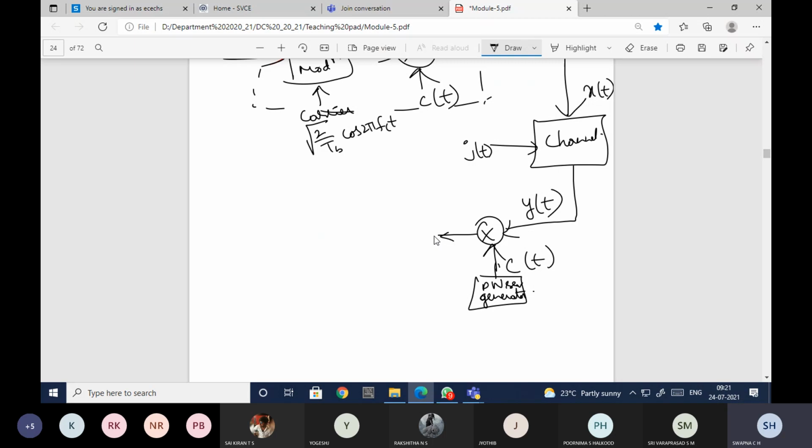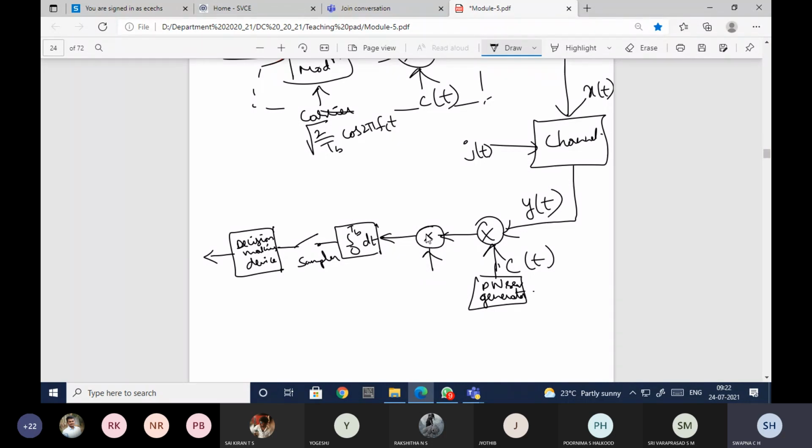So in the coherent detector, I'll have the product modulator, and then from the product modulator output I need to give it to the integrator, then to the sampler, then to the decision making device, and then finally based on this the output will be determined.